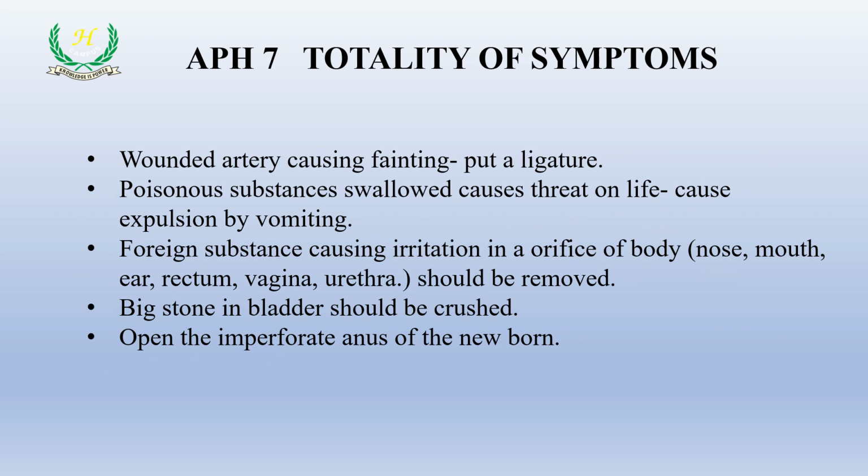If a patient comes to you with a wounded artery where there is a continuous flow of blood, because of that he is going to get fainting, there is a lot of bleeding, then what you will have to do is stop the bleeding first by putting the ligature. Poisonous substances swallowed are causing a threat to life. What you will have to do is make the person vomit, so that you have first removed the poison from his body so that the effect will be lessened, so that the threat of death is reduced.